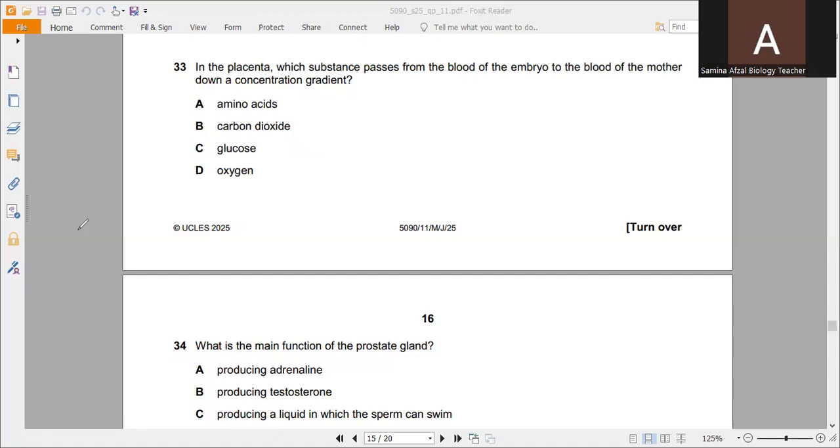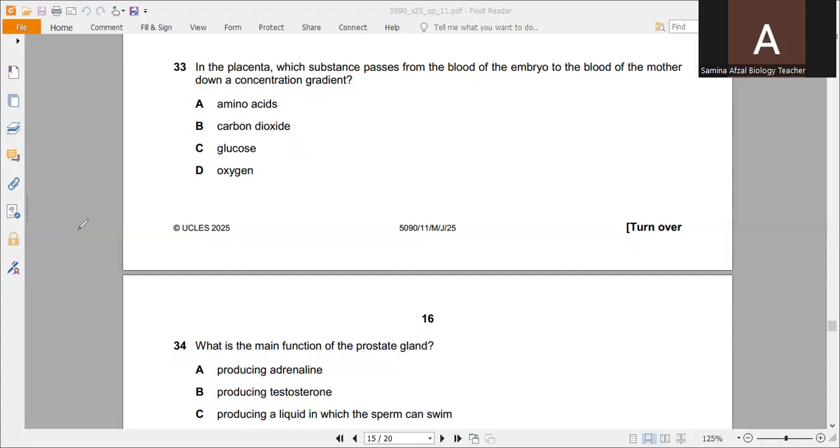So it is diffused. It is a waste product, which is not good for the health of the embryo. It is in higher concentration in the fetal blood than in the maternal blood, so it diffuses across the placenta to the mother to be excreted.